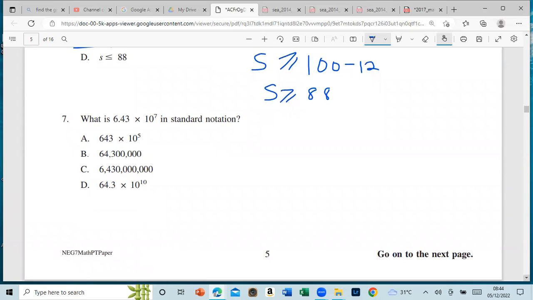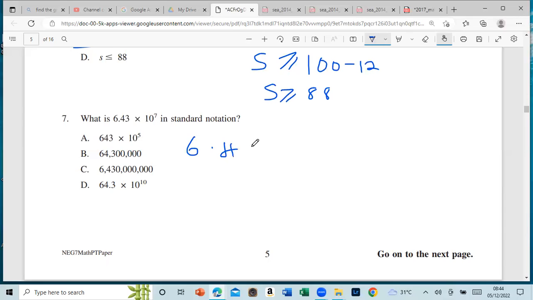What is 6.4 times 10 to the 7 in standard notation? So basically, we're going to move the decimal point 7 times.